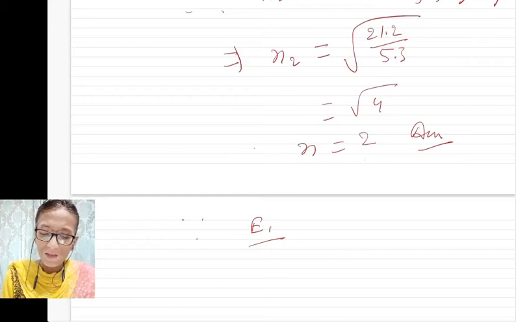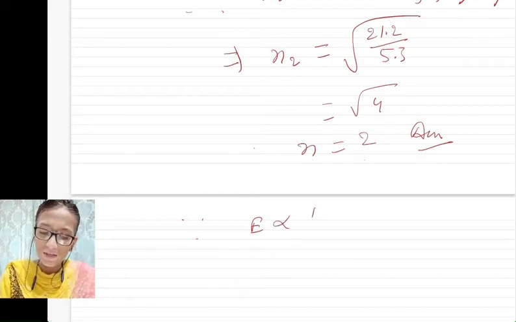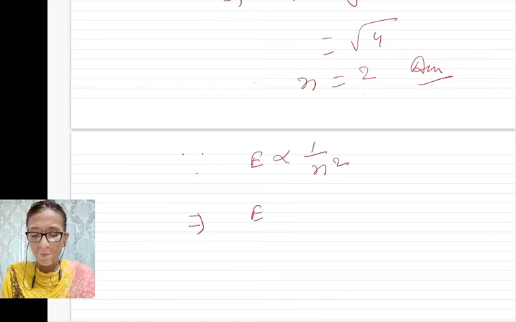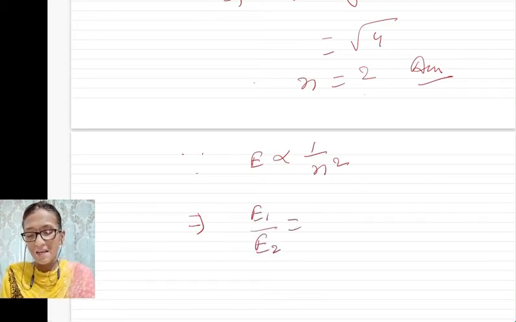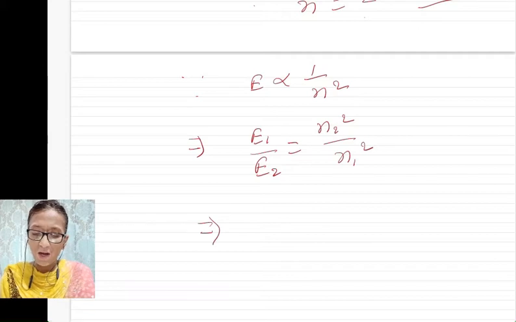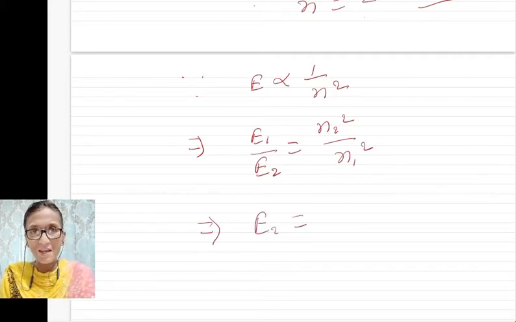Let me write E is inversely proportional to square of n, it implies that E1 divided by E2 is equal to n2 square by n1 square, and therefore E2 can be obtained.